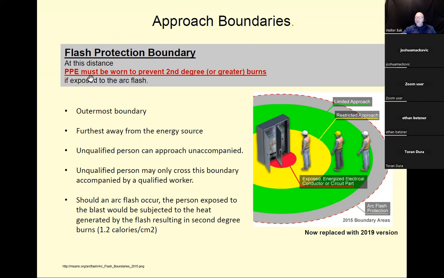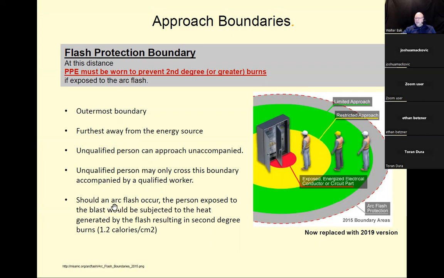At this distance, PPE must be worn to protect from second degree or greater burns if exposed to the arc flash. So this is the outermost boundary, furthest away from the energy source. An unqualified person can approach unaccompanied, but might only cross this boundary accompanied by a qualified worker if they need to.